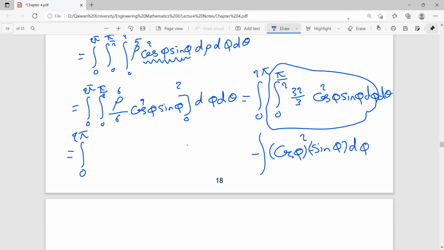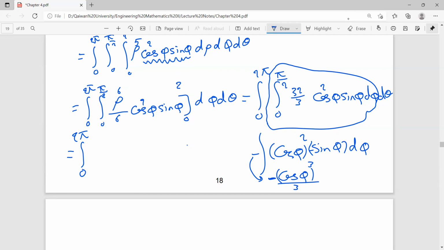The integration is, here we have f of x, which is raised to the power 2, which is multiplied by the derivative of the function. It equals to, here we have this negative sign, and cosine phi to the power 3 divided by 3. We get this.